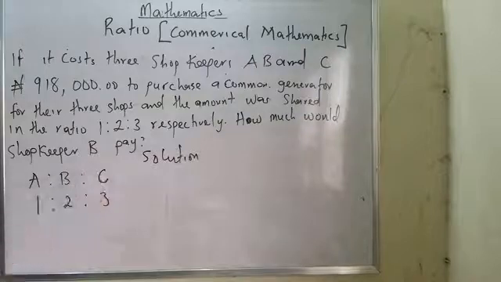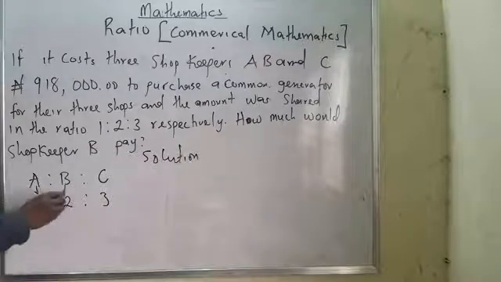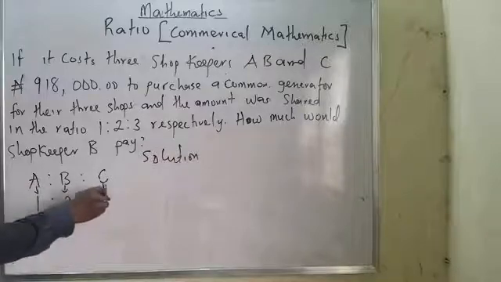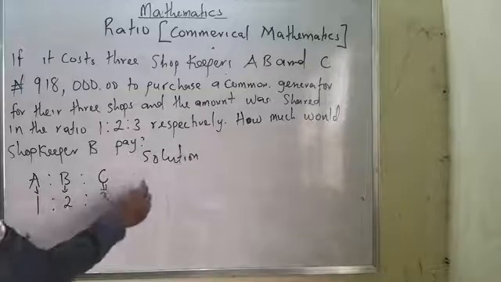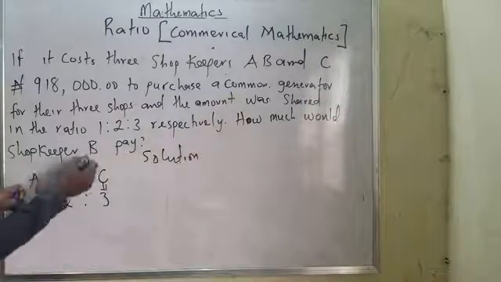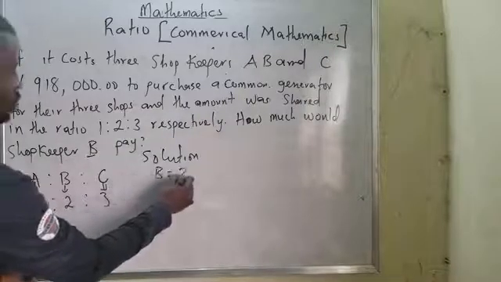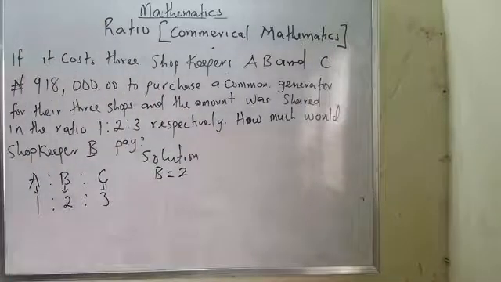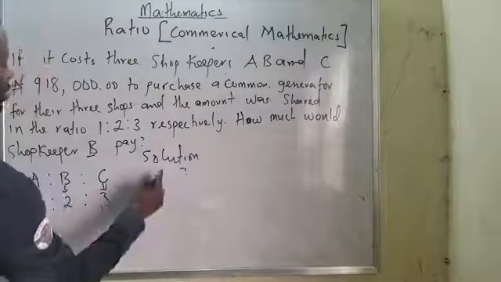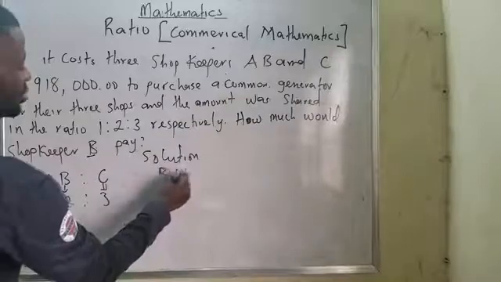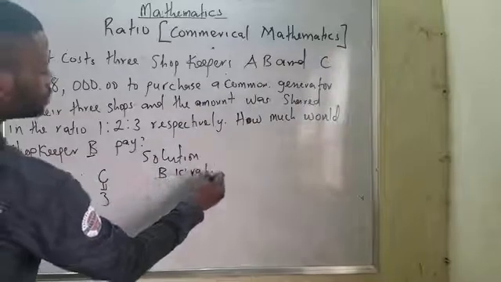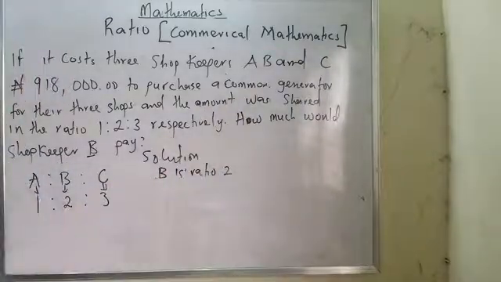Please take note of that. In terms of mapping, A maps to 1, B maps to 2, C maps to 3. Very important. Because we are working towards B, my B is 2. The ratio of B is 2.